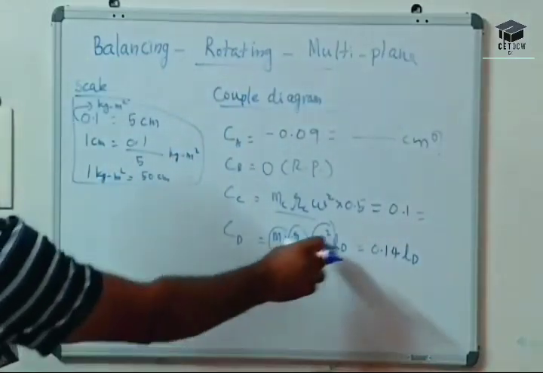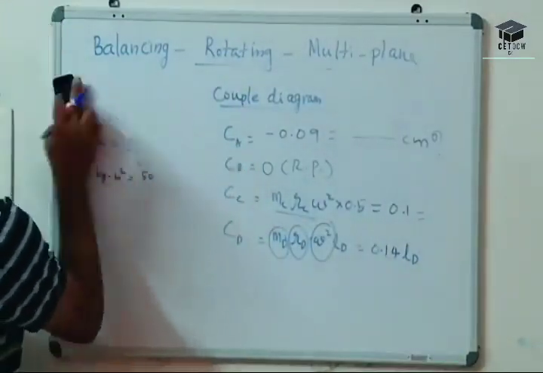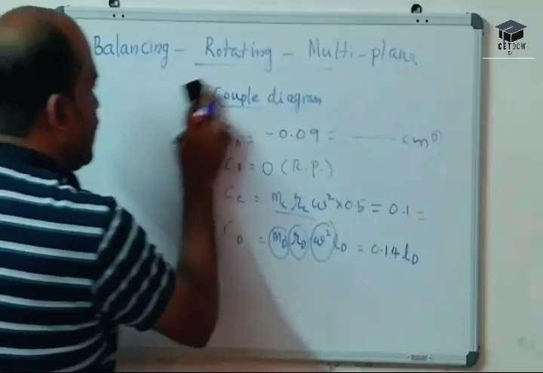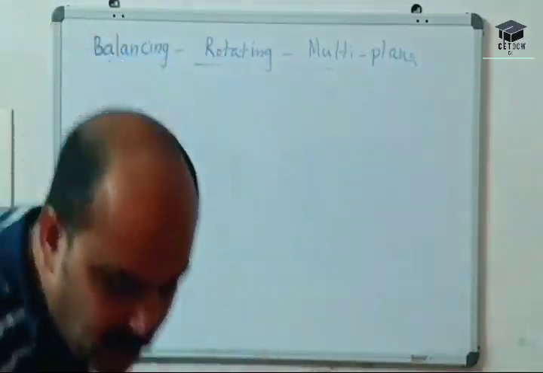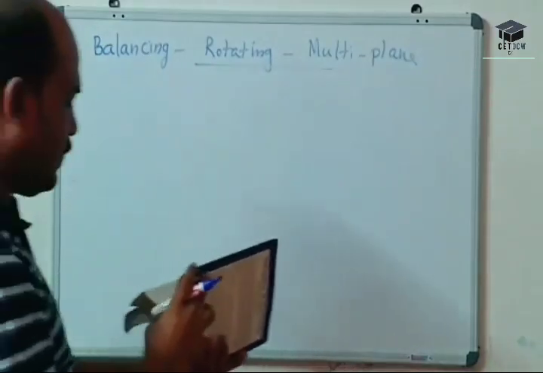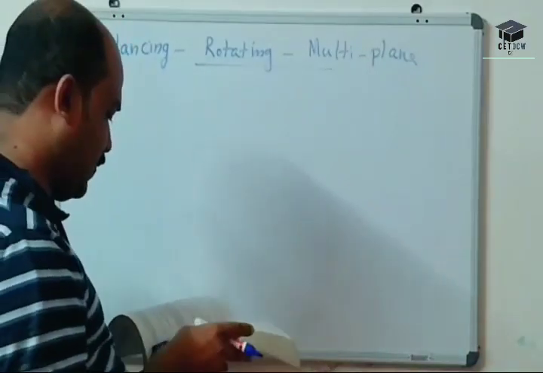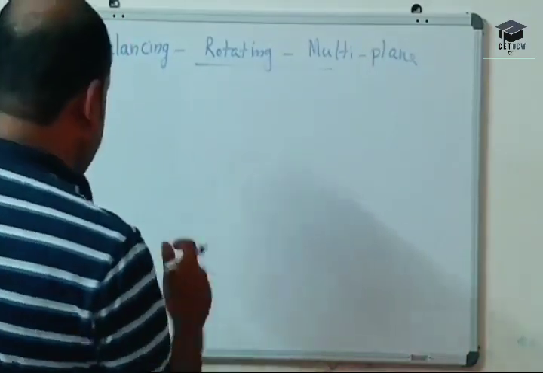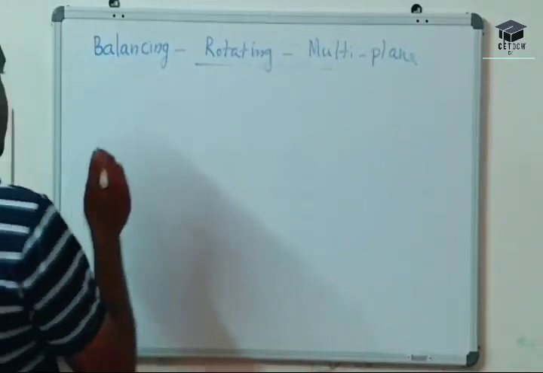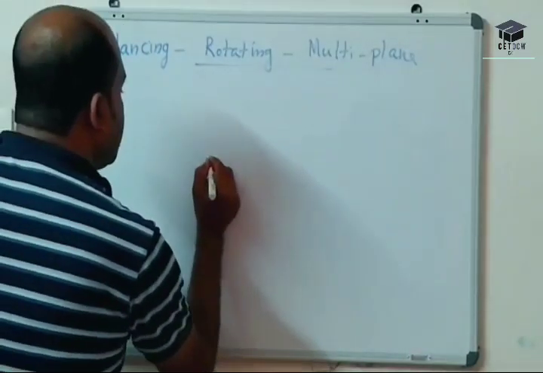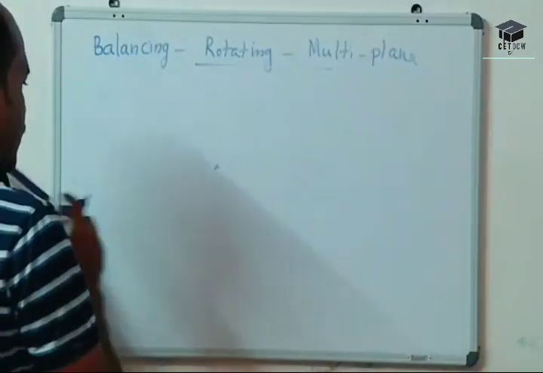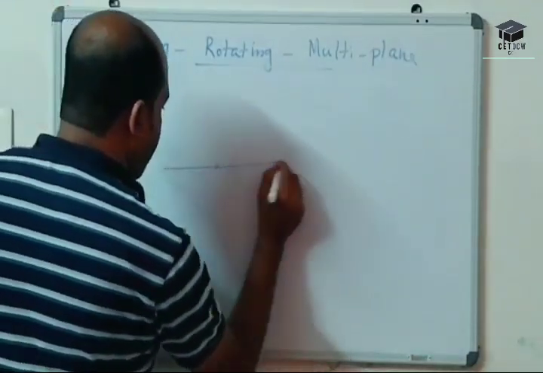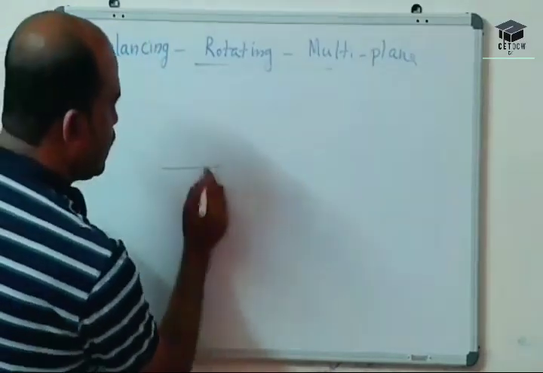Okay. So you calculate the length of each vector. Once you have the length of each vector, you can draw the vector in the given diagram. For example, CA is horizontal. So you take any point and draw a horizontal line.